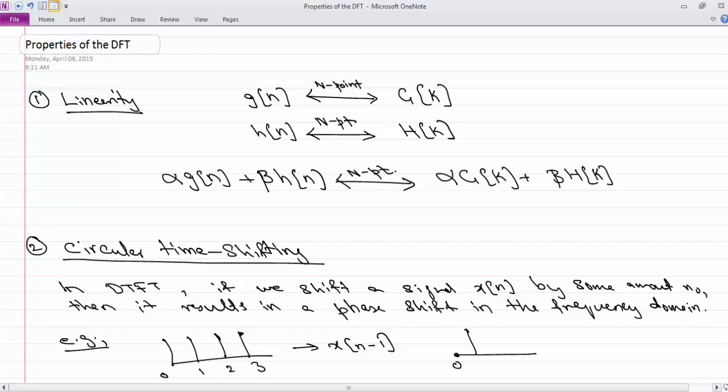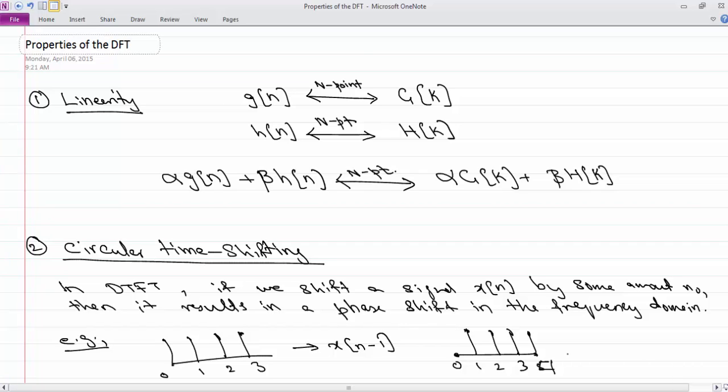Now I have 0, 1, 2, 3, 4. I have changed the length of my signal from a length 4 signal to a length 5 signal.